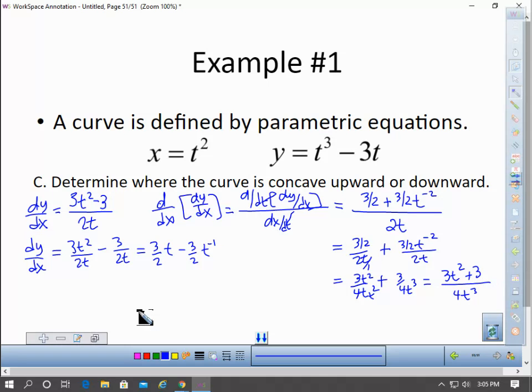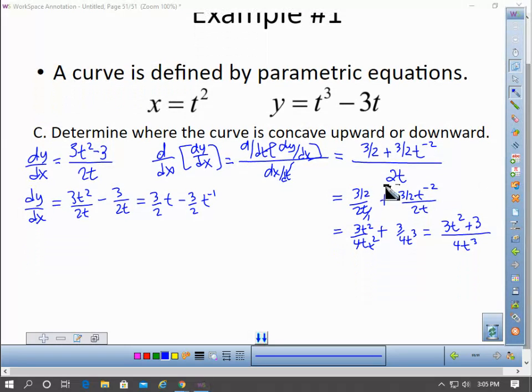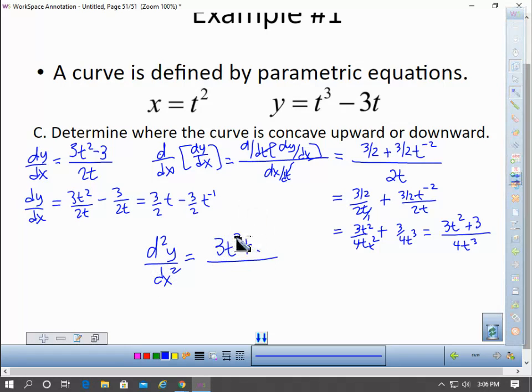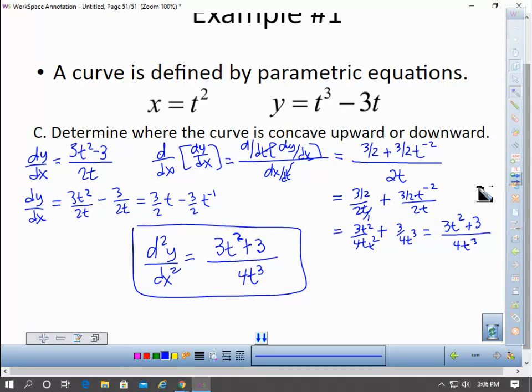So why did I do all that? That gives me my second derivative, 3t squared plus 3 over 4t cubed. Here's my second derivative. We want to know where the curve is concave up and where it's concave down.